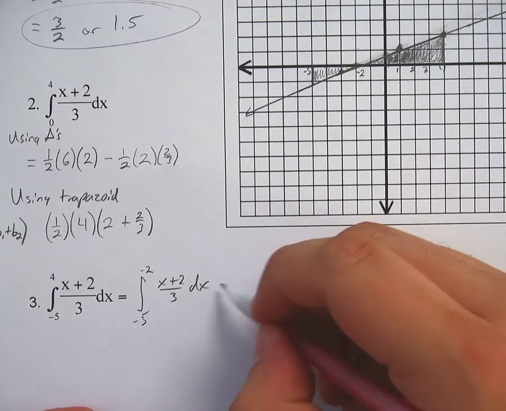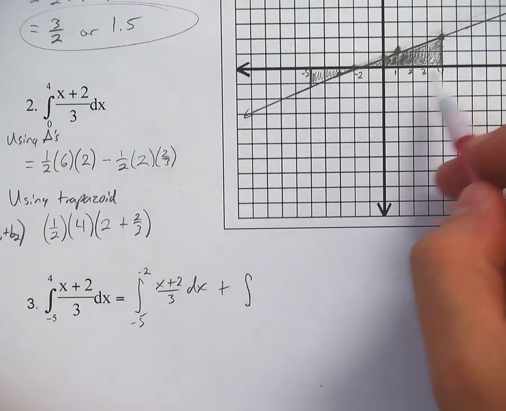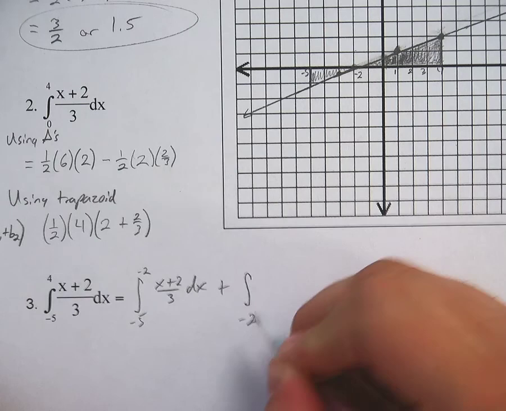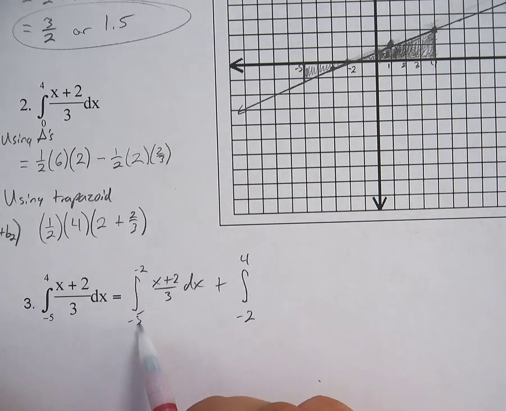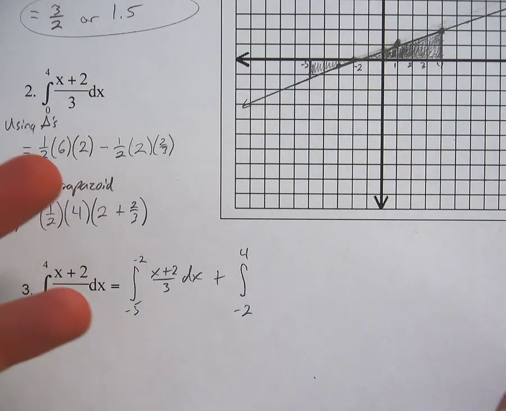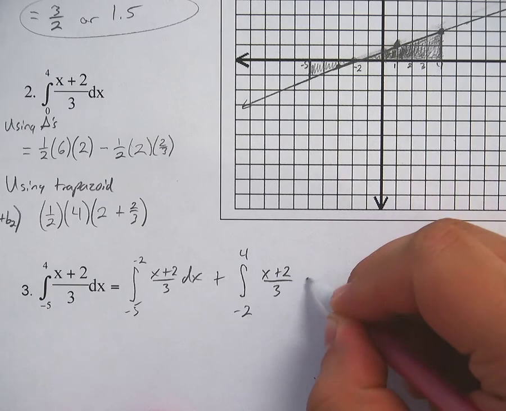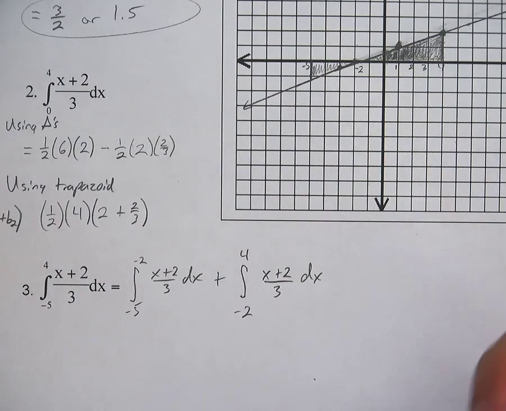And then I'm going to need to find the area from -2 to 4. So see, it kind of goes -5 to -2, -2 to 4. So everything is taken into account. The only thing that's changing is I'm breaking it into two pieces, so it's a little bit more manageable.